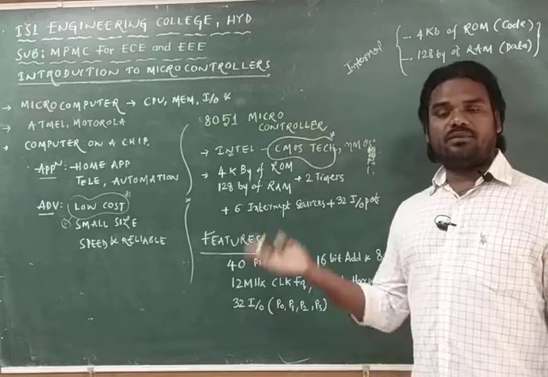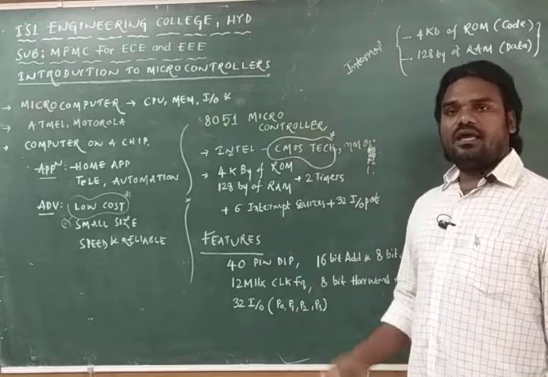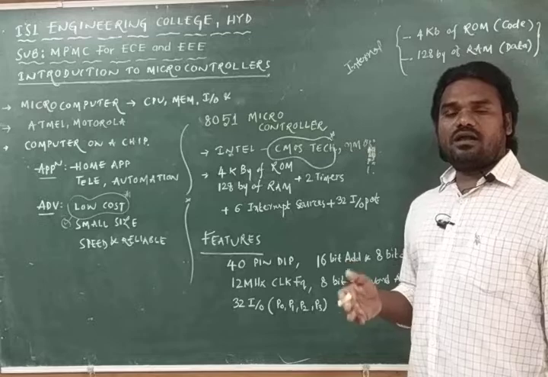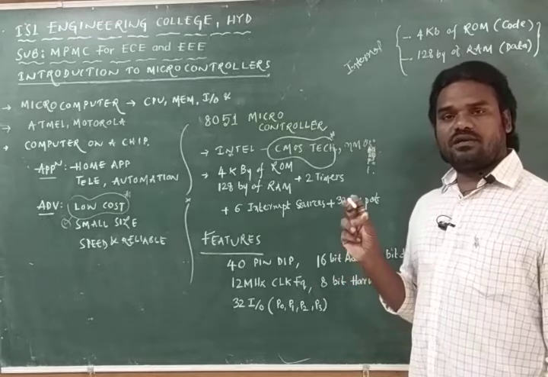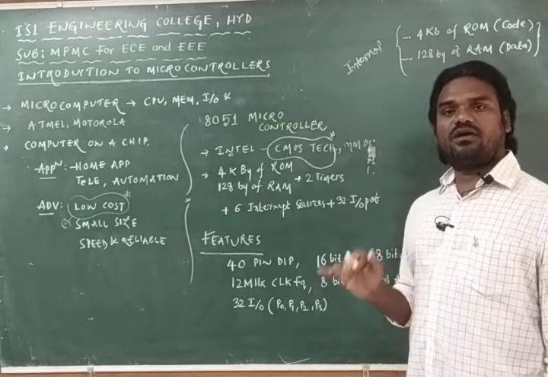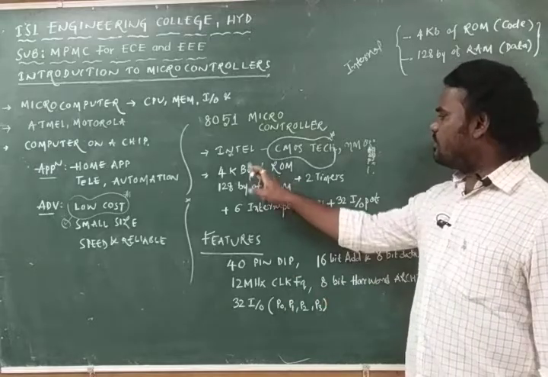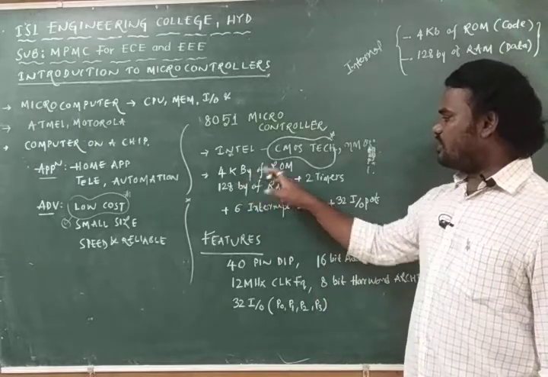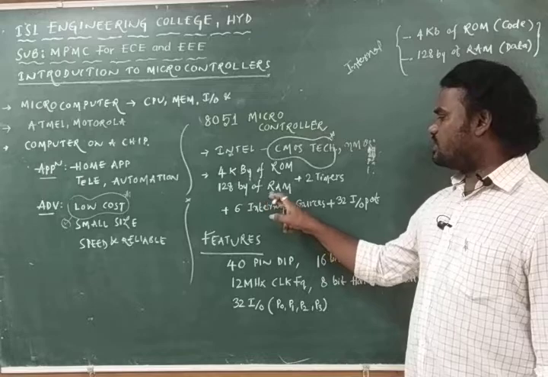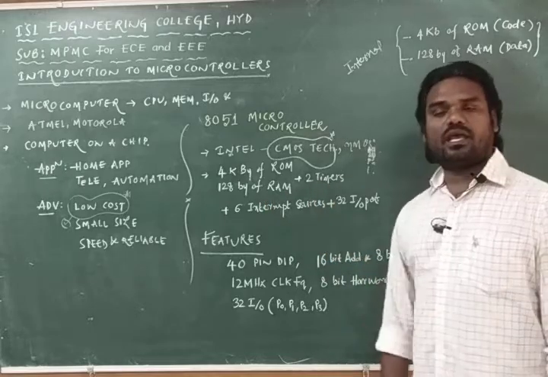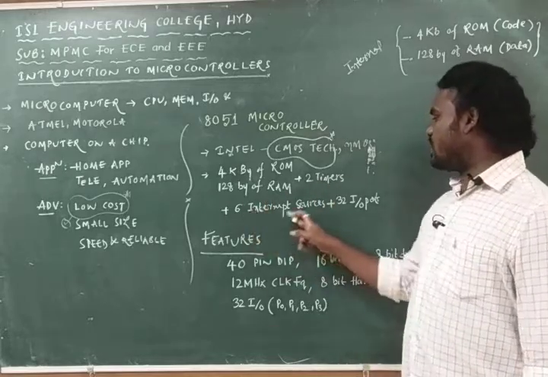That means in the same integrated circuit, a computer on a chip, the 8051 microcontroller, we find 4 kilobytes of ROM, 128 bytes of RAM, two timers, and 6 interrupt sources.